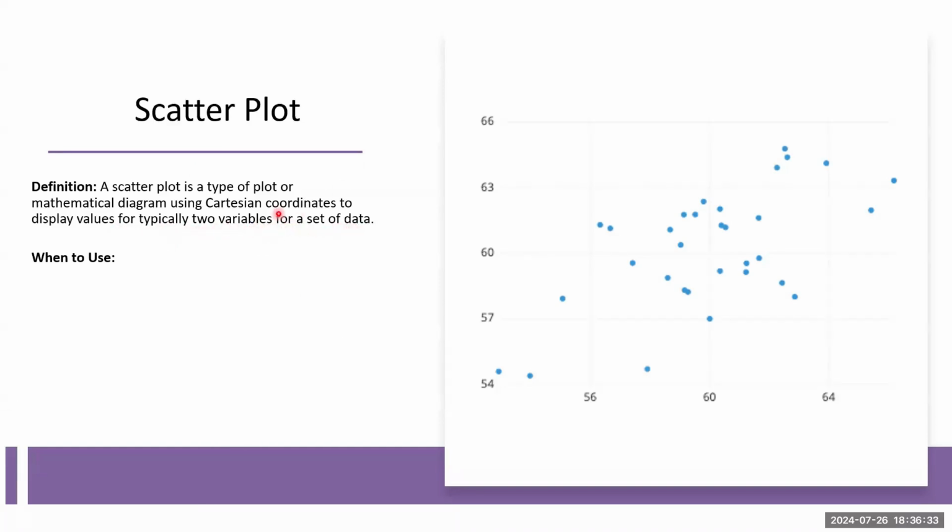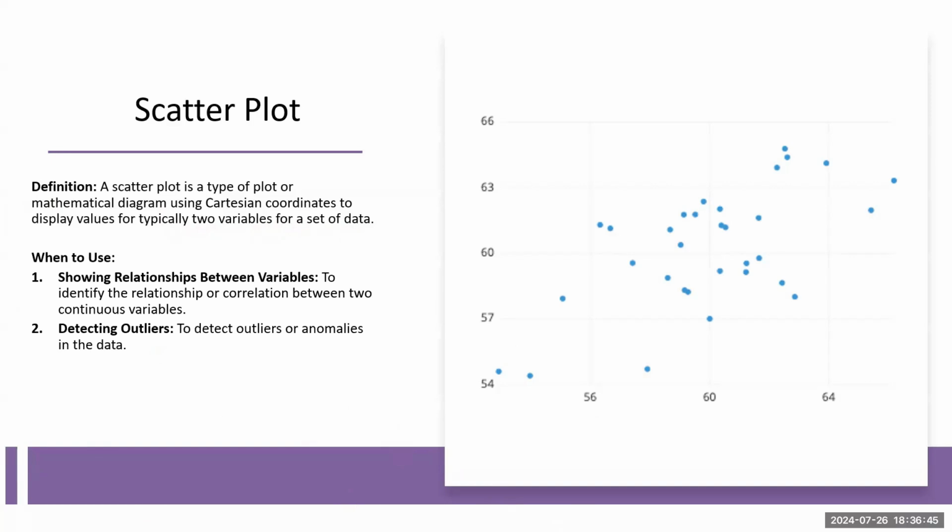What does this actually mean? So if you want to measure the correlation between two sets of variables, then you use a scatter plot. Showing relationship between variables.